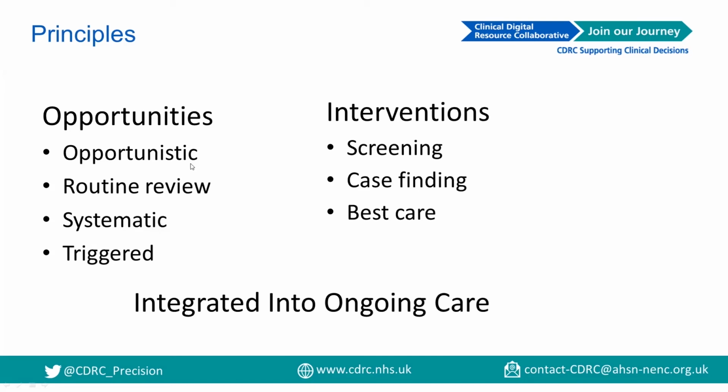We have a more systematic approach where, for example, a pharmacist may take a list of patients who are not having appropriate treatment and contact those patients systematically. And then we have a triggered approach where an event that takes place in the record triggers an action. So, for example, if somebody is prescribed a medication which interacts with an existing medication, an alert can be triggered. And the key thing we try and do when we're designing these systems is make sure they're integrated into what's already been done.